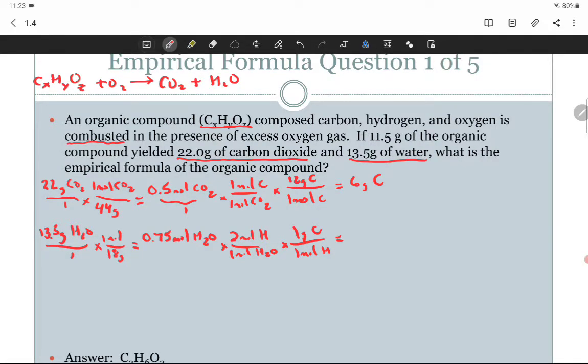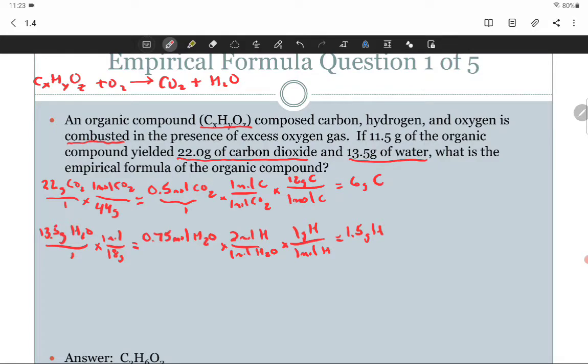The great thing about factor label is that as you're doing it, if your units aren't canceling, top and bottom, you know you're doing something incorrectly. What did I say carbon for? That's hydrogen. Okay, so 0.75 times 2 times 1 divided by all the ones is 1.5 grams of hydrogen.